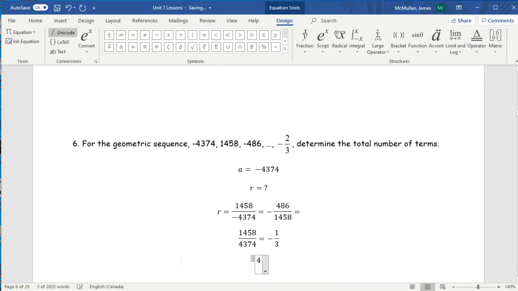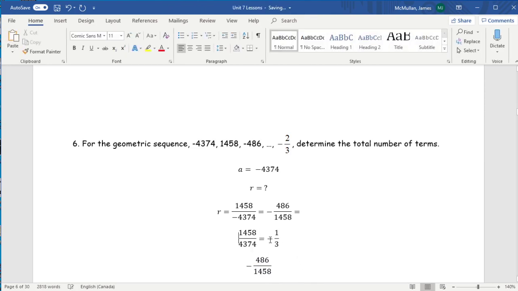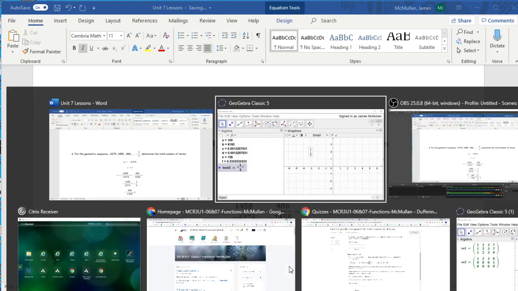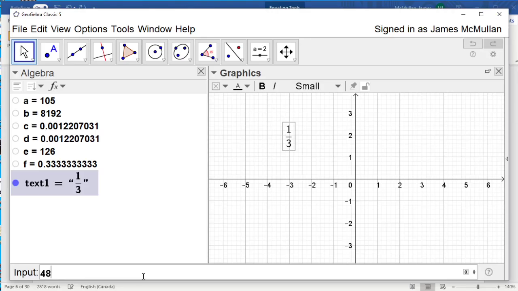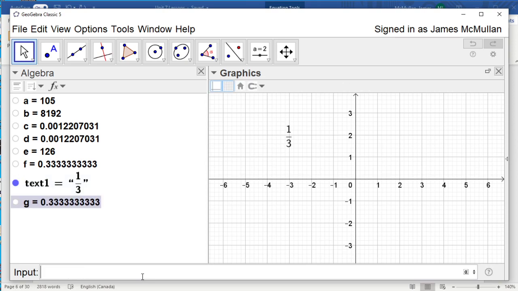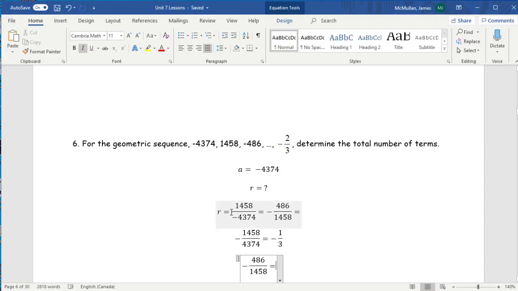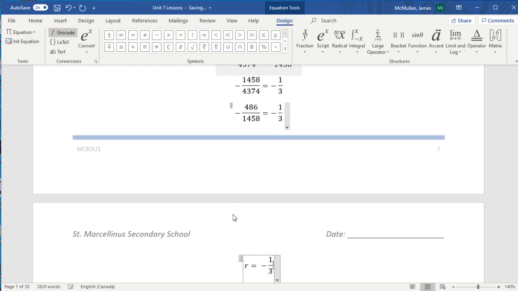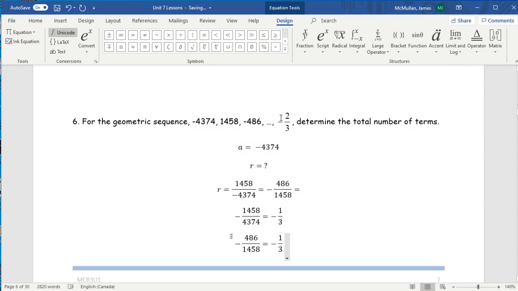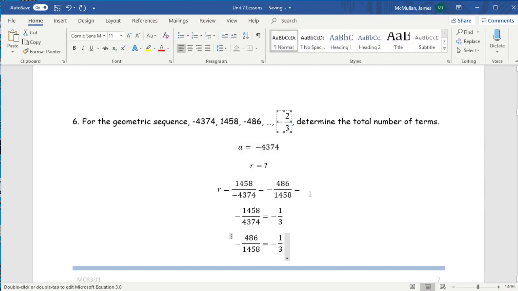The other one, 486 divided by 1458, and again, it's negative. If you reduce this, we're expecting to also get 1/3. So again, let's write it quickly: 486 over 1458, and it's the same thing, it's 1/3. So we get r equals -1/3. Okay, so the final term of the sequence is -2/3.